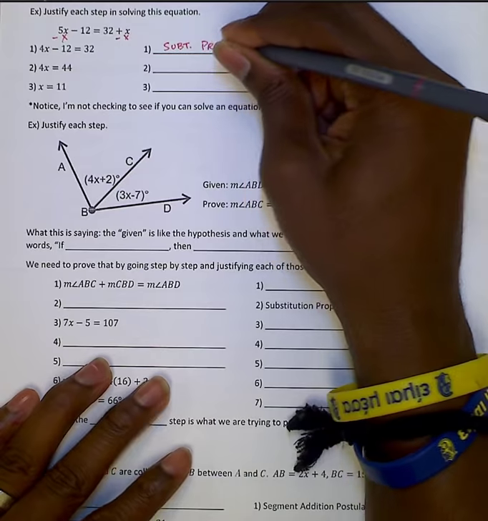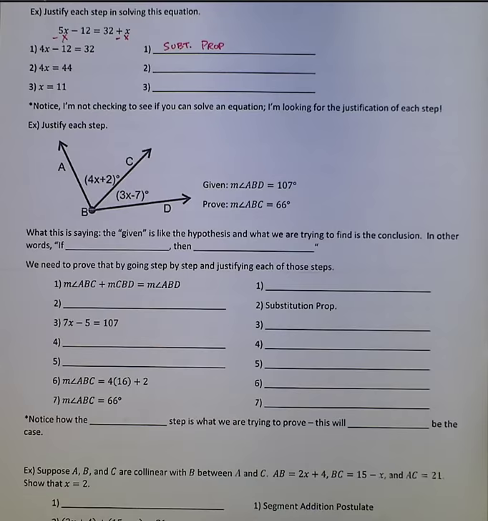Alright, important that in your abbreviation it's clear what you're talking about. Usually you want to abbreviate subtraction with just sub, but with substitution available as well, make sure that it is easy to tell the difference between what you're talking about. So I will abbreviate with subtract property, okay?